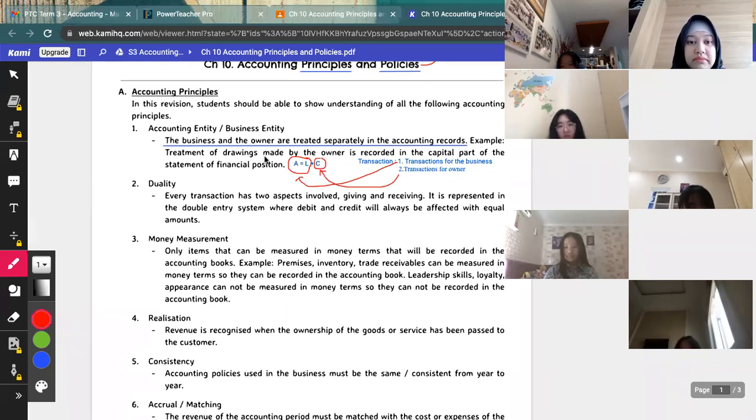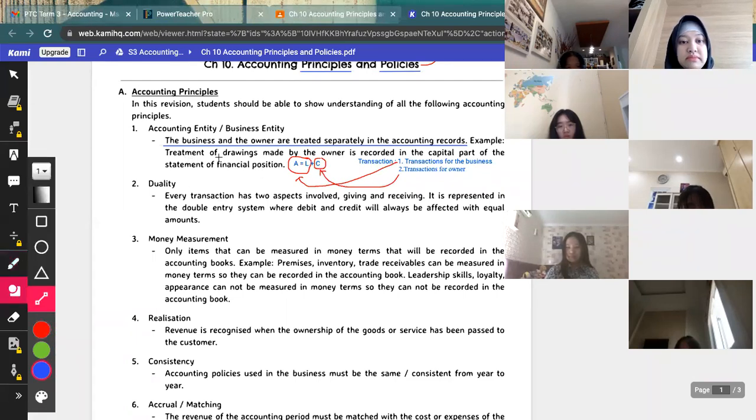Okay. This is the example. The treatment of drawings will be recorded in the capital part under the statement of financial position. We have learned about the statement of financial position in chapter 9. Okay, up until this part, do you have any question?